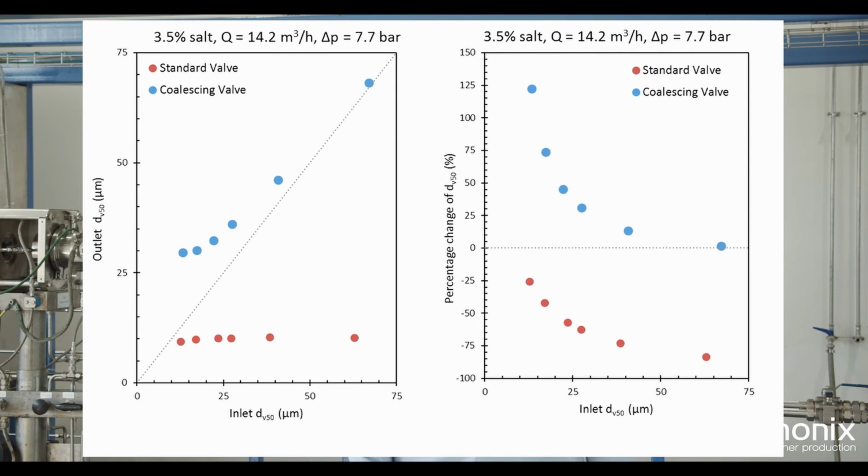Whereas for the coalescing valve, you see that the larger the inlet droplets, the larger the outlet droplets. This is because the turbulence intensity in the coalescing valve is so low that droplet breakup is minimized. And if we move down to the lower size of the inlet droplets, around 10 to 15 microns in this case, you see a tremendous coalescing effect where the droplet size in some cases is more than doubled.